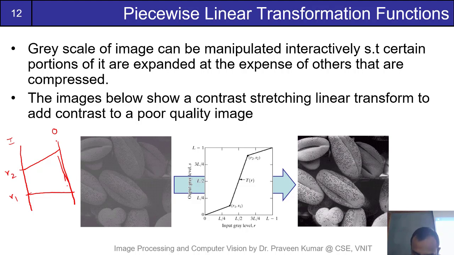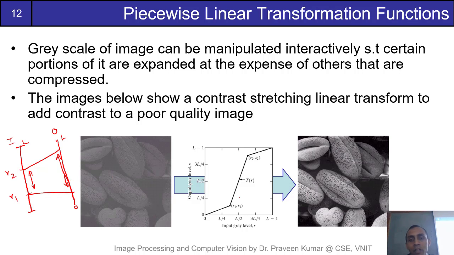In the output, the smaller range in the input is being stretched to the larger range, at the expense of compressing these two ranges. So the range between 0 and R1 is getting compressed, and the range from R2 to, let us say, L is also getting compressed, and the range from R1 to R2 is getting stretched.